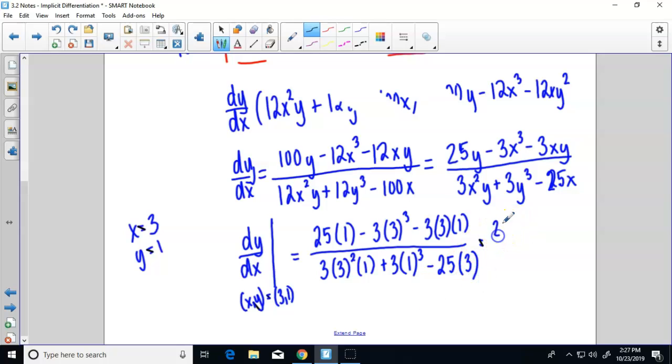All right, so you'll have 25 minus, let's see, 3 times 3 to the third. This is really 3 to the 4th, which is 3 times 3 times 3 times 3, which is 9 times 9. You'll get 81 there, minus 9, over 3 times 3 squared, which is 3 to the 3rd, so that's 27, plus 3 minus 75.